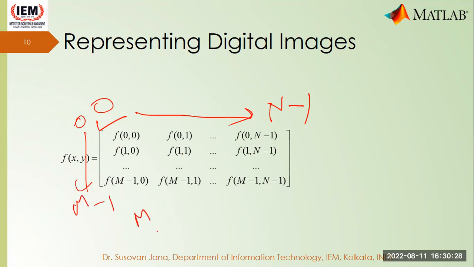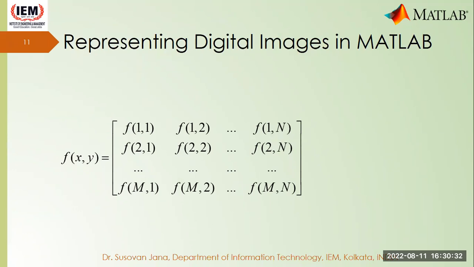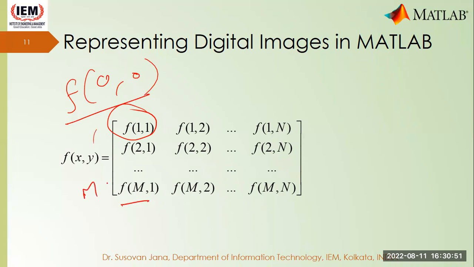That means we have m number of rows. But when we represent an image in MATLAB, the coordinate starts from 1,1. In MATLAB the array starts from the 1,1 position. So in reality f(0,0) is f(1,1) in MATLAB. In that way it will be from 1 to m in the x direction and 1 to n in the y direction. Okay.